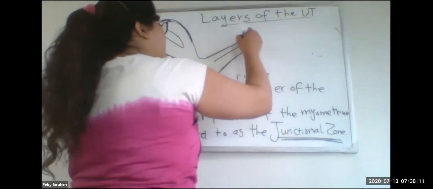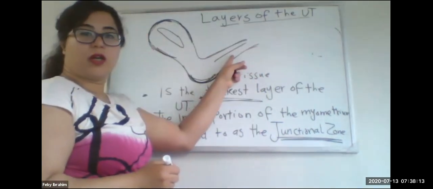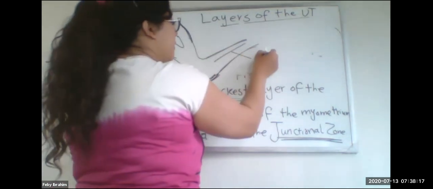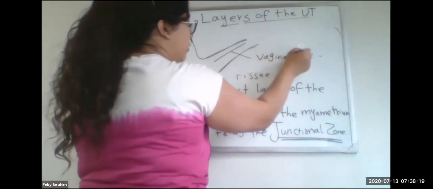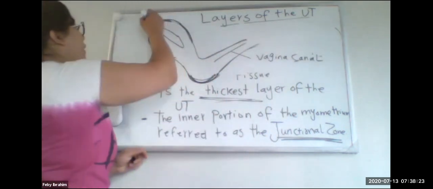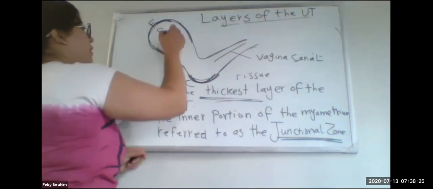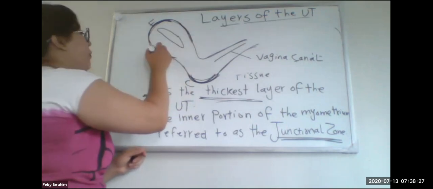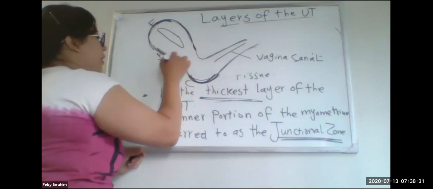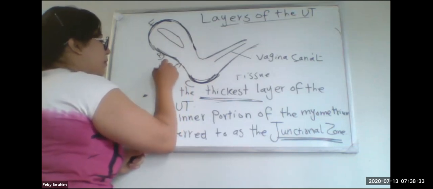This one is a very thin echogenic line that you're going to see within the vagina. This one is the vaginal canal. Fundus, cervix, this area will be the body, and the narrowing area will be the isthmus.